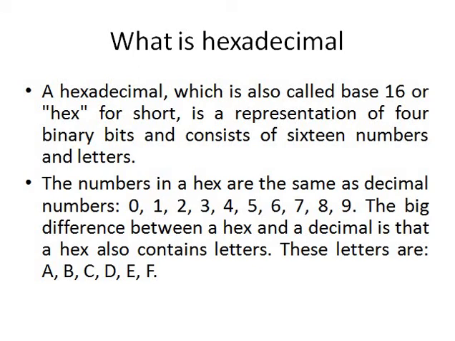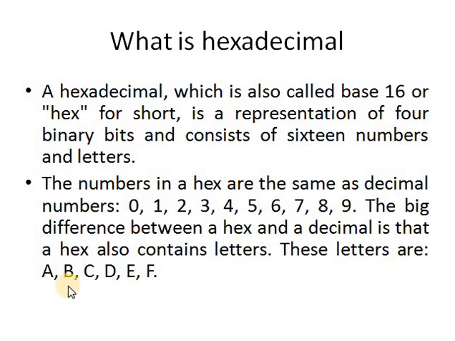Totally 10 numbers, same as decimal. The big difference between hex and decimal is that hex also contains letters. So decimal contains only 0 to 9, only numbers, but hexadecimal contains both numbers as well as letters.